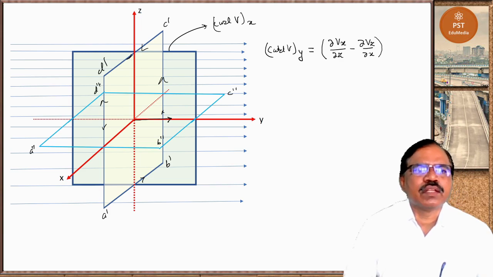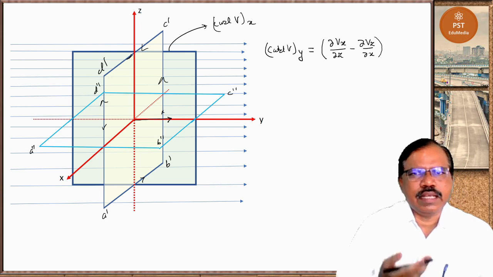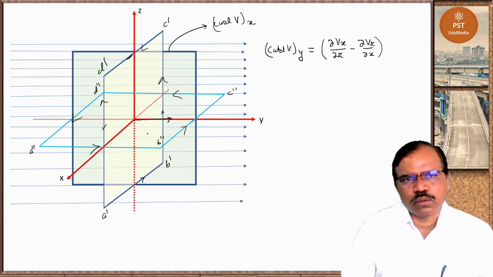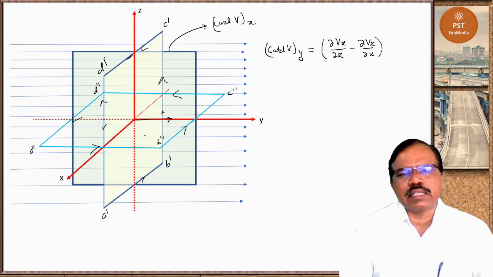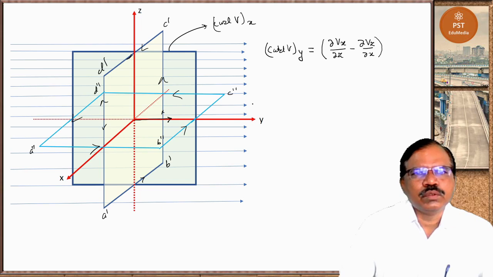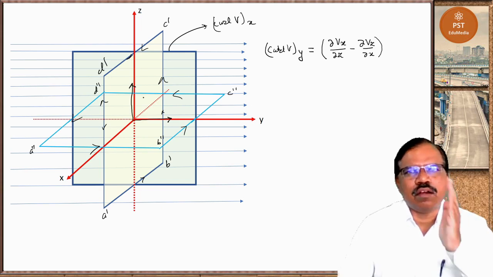Now you can take a small area, suppose a'', b'', c'', d''. So this is a closed path and it is in the xy plane. So you have to go along a'' to b'', b'' to c'', then c'' to d'', then d'' to a'', and we have to take the line integral along this closed path, line integral along the closed path per unit area. Now since it is in the xy plane, it will be along the z axis.